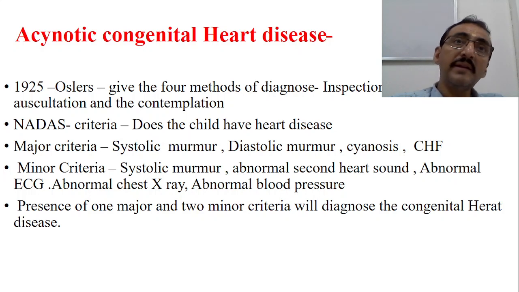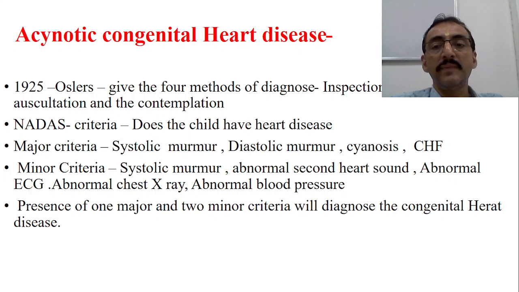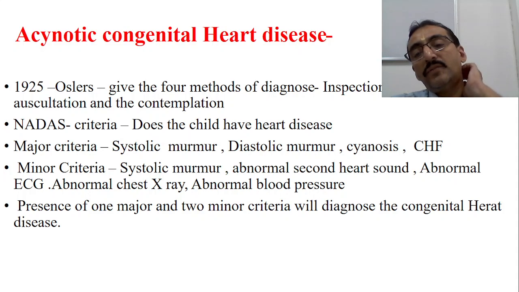What are the minor criteria? Presence of a systolic murmur, abnormal second heart sound, abnormal ECG, abnormal chest X-ray, and abnormal blood pressure. Presence of 1 major and 2 minor criteria will diagnose congenital heart disease.